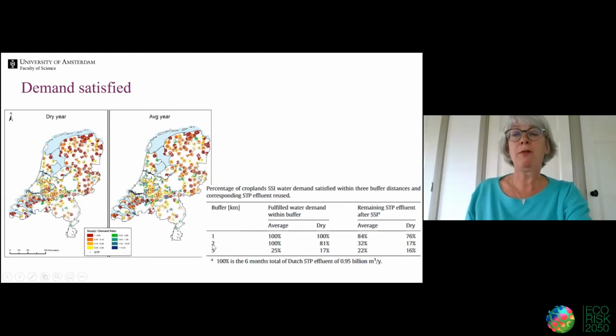Of course, with smaller buffers, a much higher percentage of the demand within these buffers can be satisfied. Especially in dry years, there is less remaining STP effluent after the subsurface irrigation, which poses the question of how this influences the ecological quality of the little streams in these areas, which normally, especially in dry years, are filled for a high percentage with effluent.